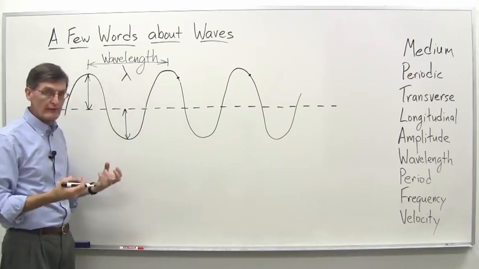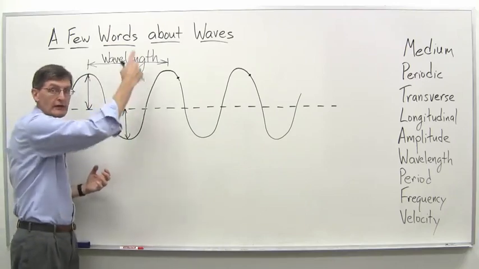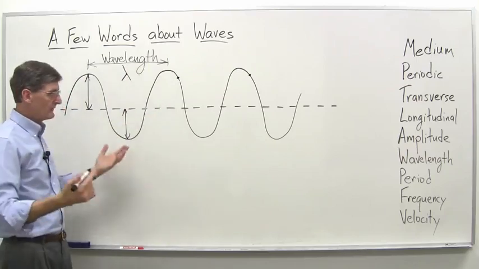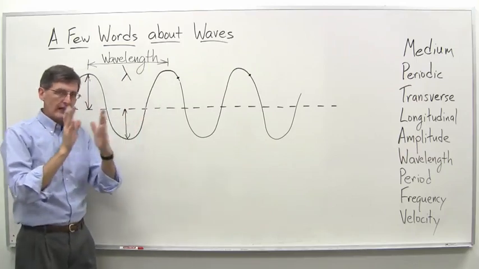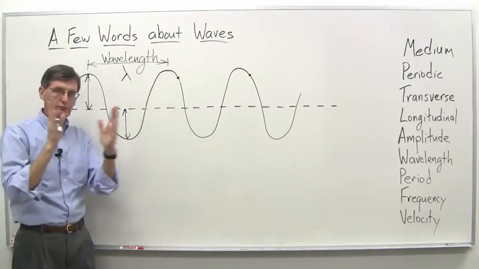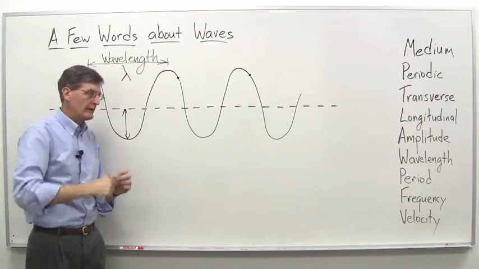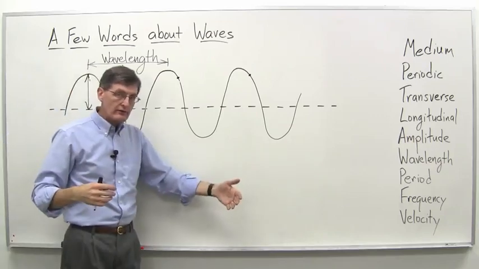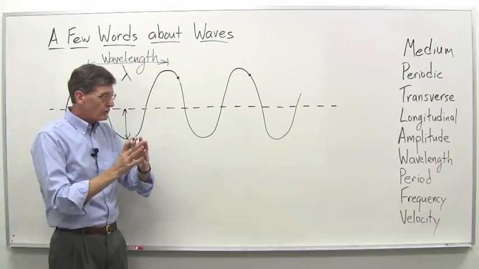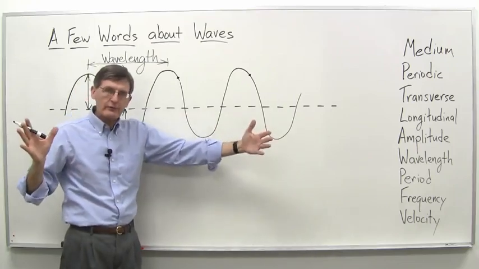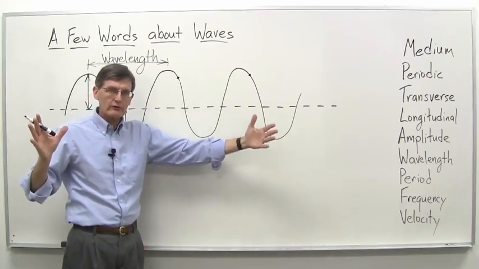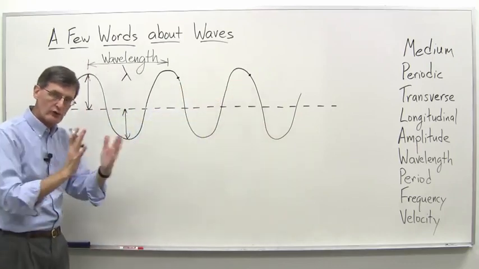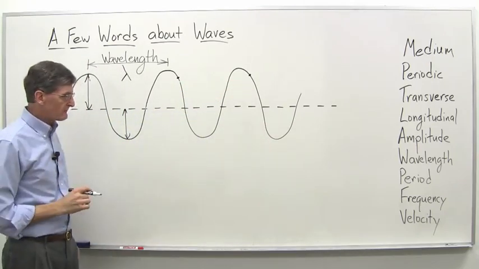Okay, so a short wavelength means you have more of these up and down oscillations in a given length, because that means the actual distance between two peaks is going to be smaller, if you can get more of the up and down oscillations in a certain distance. A long wavelength wave is going to be just the opposite. It's going to be a longer distance between the two peaks or between the two points on the wave. So short wavelength, long wavelength.